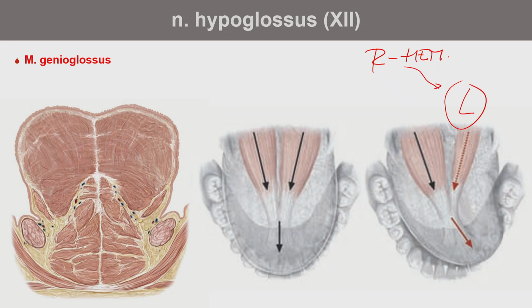So the patient is not able to move the tongue outside the mouth in a straight line. It's declined to the affected side. And then you can see also a very important sign for central problems of the brain. Okay, it was everything about cranial nerves.